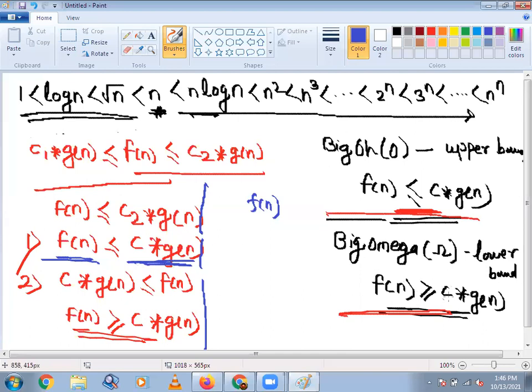See, this is the first equation. Okay, then see here, first part, f of n is less than or equal to c into g of n.